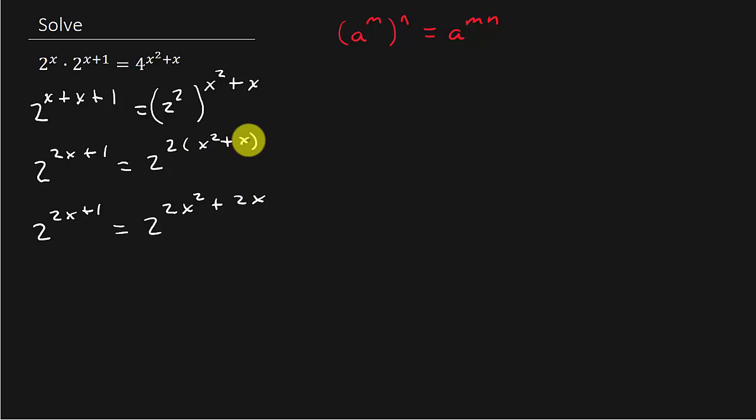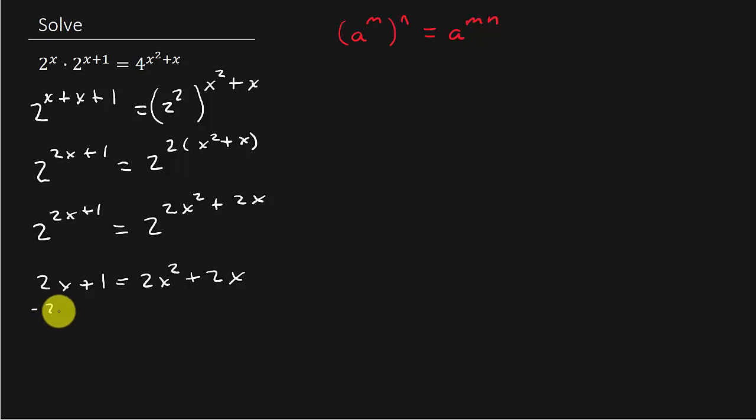Well, now we've got the bases the same, so let's set the exponents equal to each other. So that's 2x plus 1 equals 2x squared plus 2x. I've got a quadratic equation. Get everything to one side, set it equal to 0.